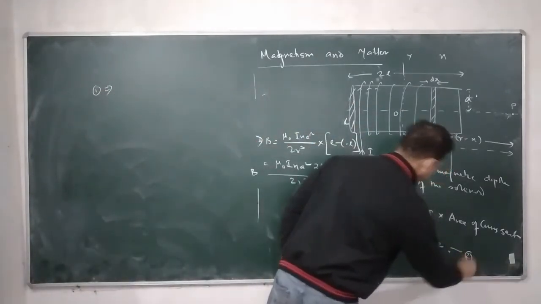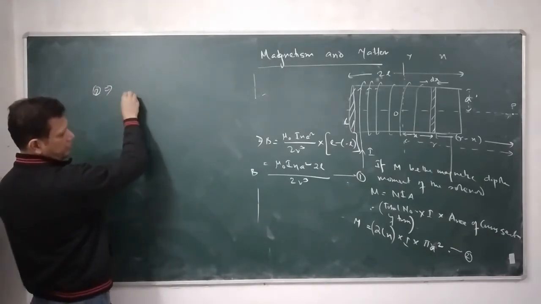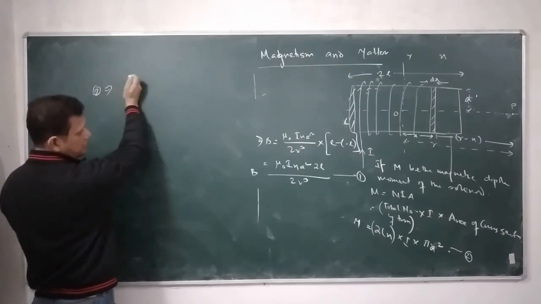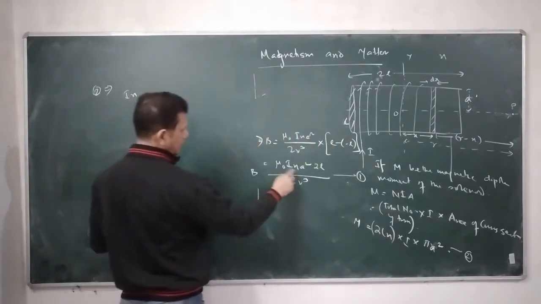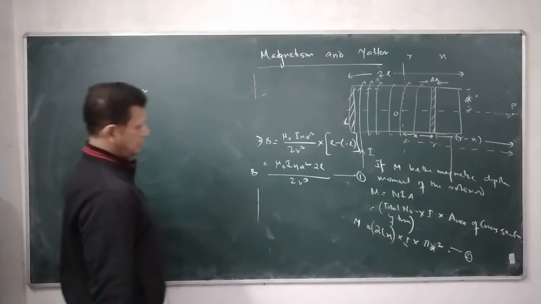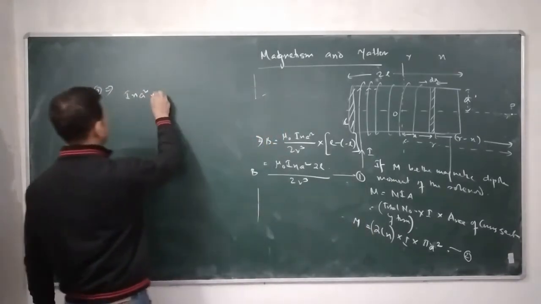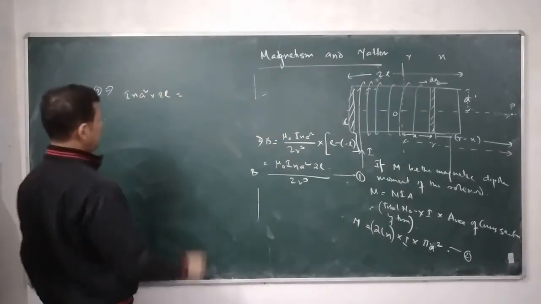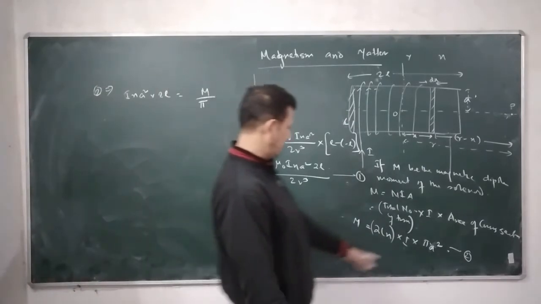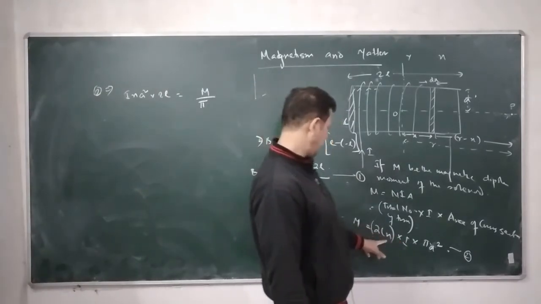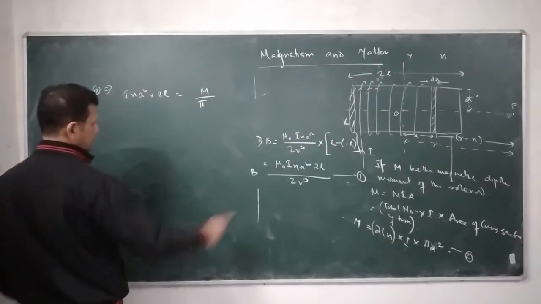From equation number 2, you can find n I a² into 2L, which comes out to be M by π. Only π is remaining, so 2L n I a² is M by π. So put that in equation number 1.